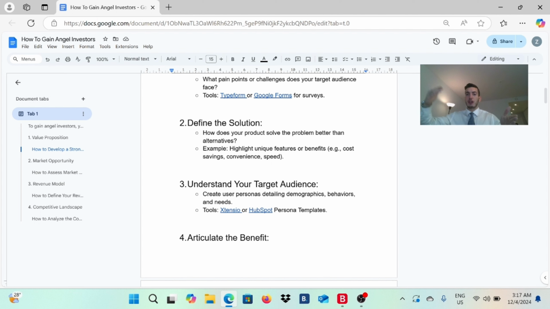The more pain points you are solving, the higher the price you can sell your product for. Okay, keep that in mind. If you are solving more than two pain points, price is not an issue.